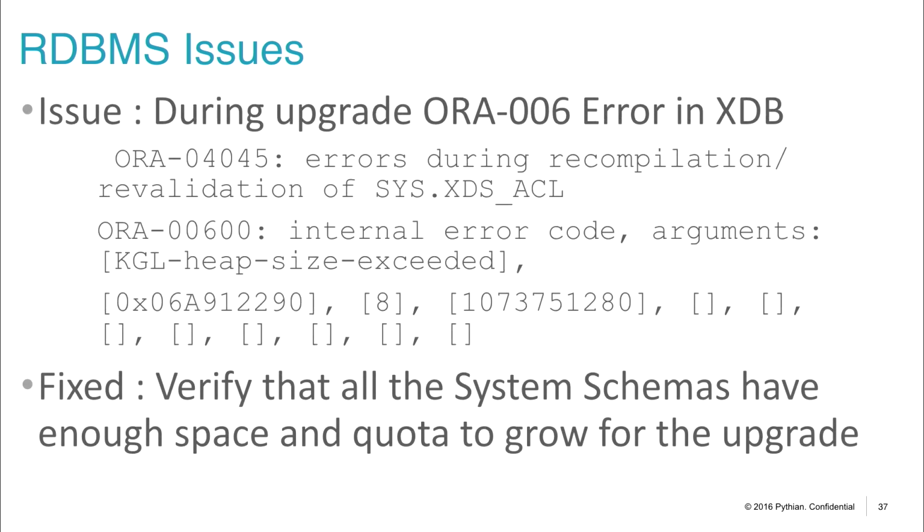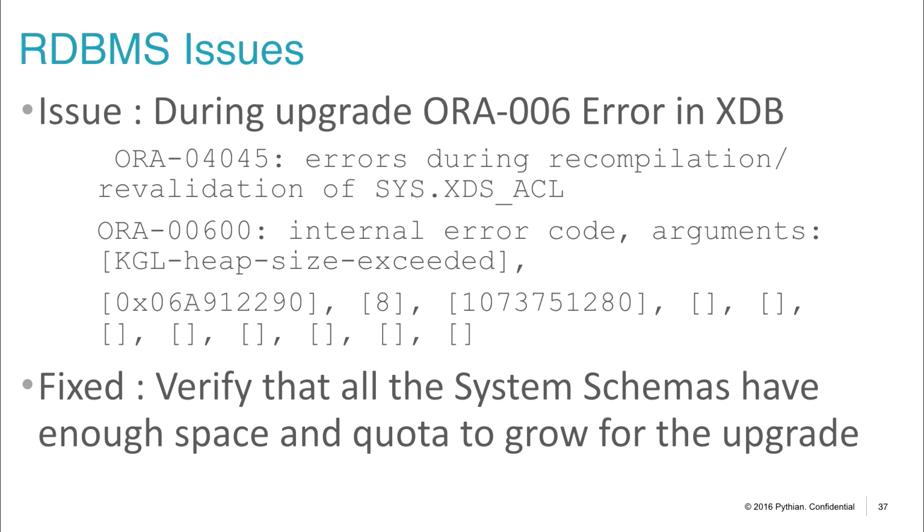The next issue that we faced, it's a very silly error because we had XDB installed in the database, and it was failing in the recompilation of these views. So we faced this error, and if you search this, you won't find any information for this error.